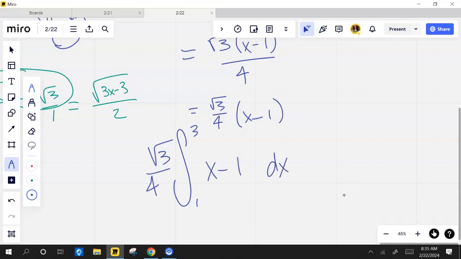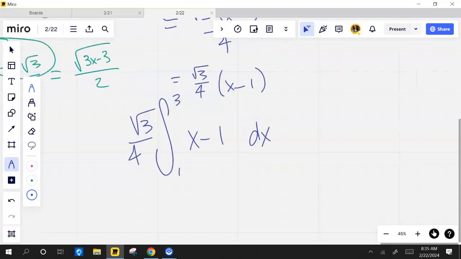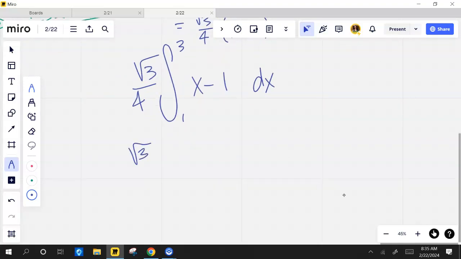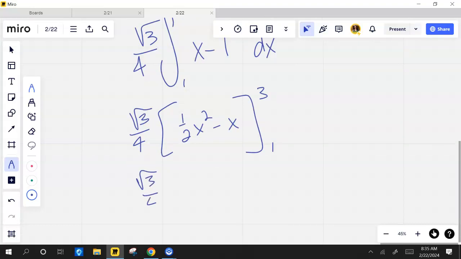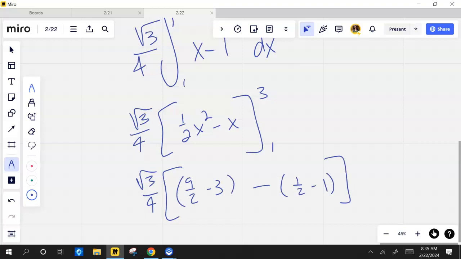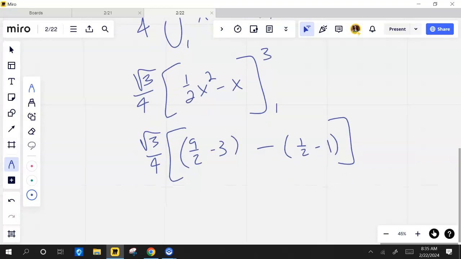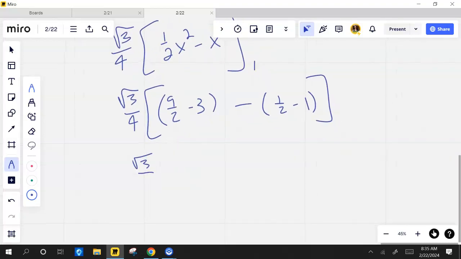Now I actually have a fairly easy integral. I could do that by hand. 9 over 2 minus 3 minus... This was fun.